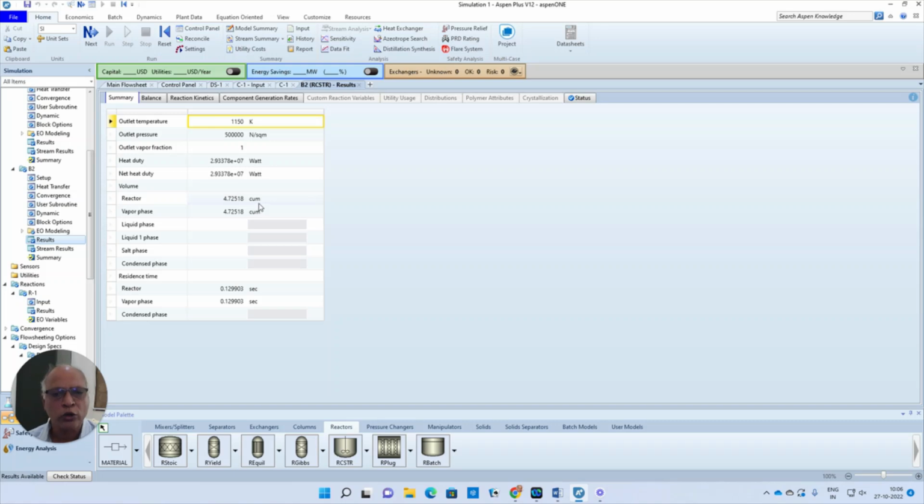So what is the total volume of the two reactors required to obtain 90% conversion? 2 into 4.72, about 9.45 roughly. So this is the minimum total reactor volume required to obtain a conversion of 90%.